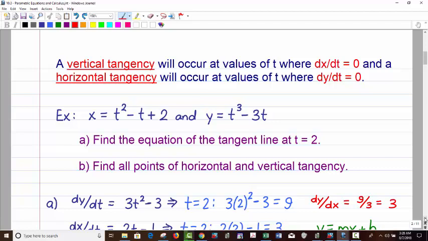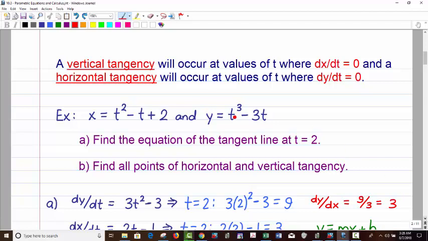So remember, we're not graphing them, but they don't have to be functions of x. In other words, they can be parametric forms that form ellipses or circles or whatever. If we were just dealing with y as a function of x, there could not be vertical tangents. That would be where the derivative is undefined. We would only be looking at horizontal tangents. But here we can look at both.